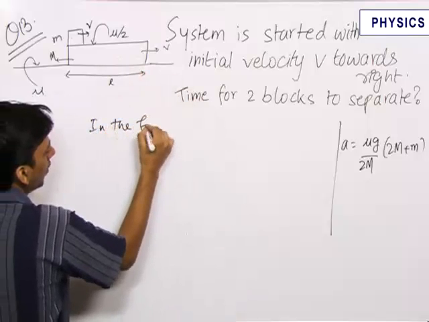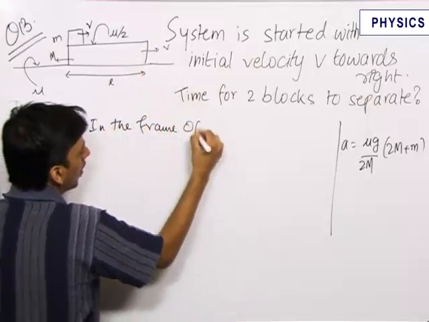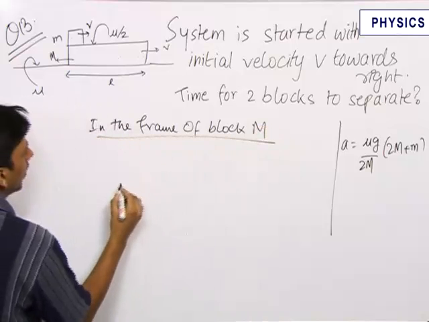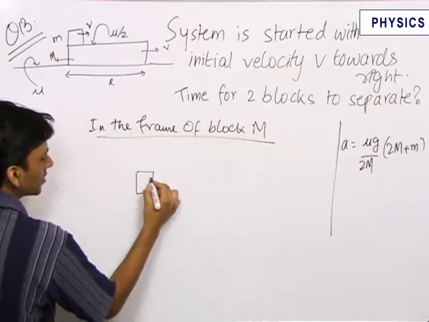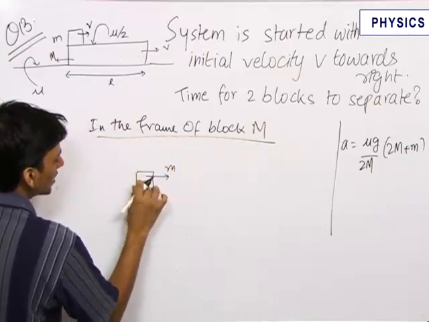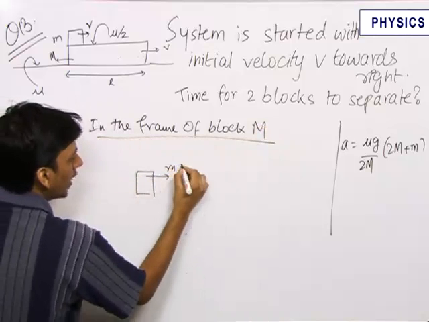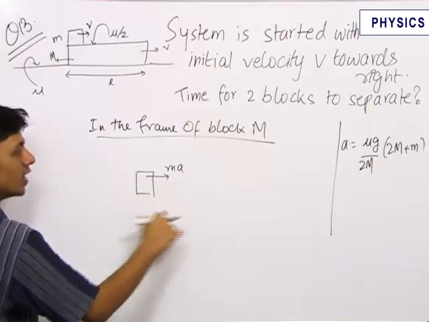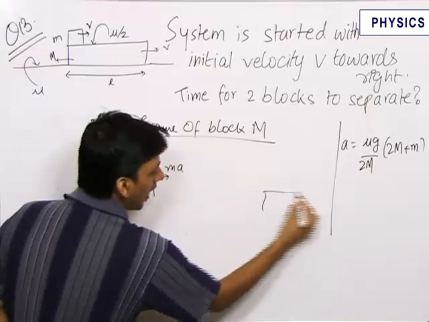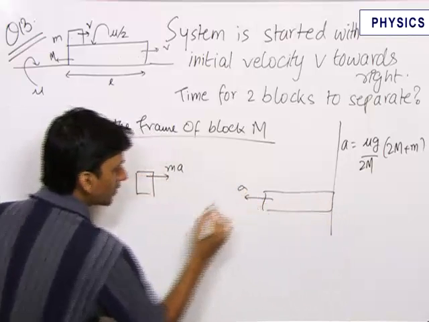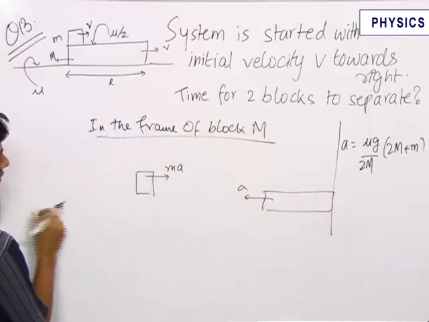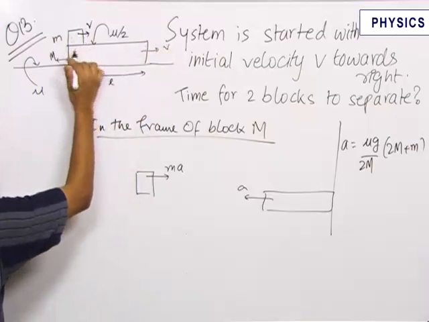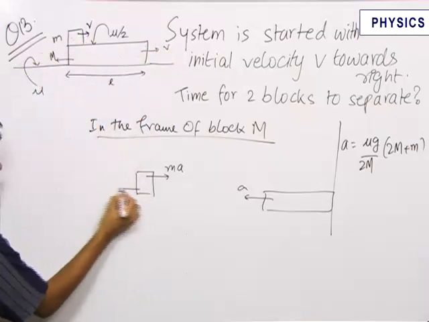In the frame of lower block of block M, the upper block experiences a pseudo force equal to the mass of the upper block into the acceleration of the lower block, and the direction of the pseudo force is opposite to the direction of the acceleration of the lower block, which was on the left side. So this is the pseudo force. The frictional force acting on this block in the forward direction between these two blocks will act on this block in the backward direction.